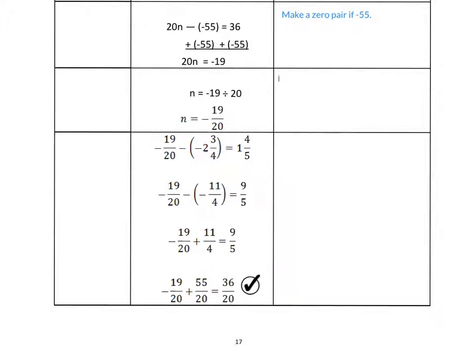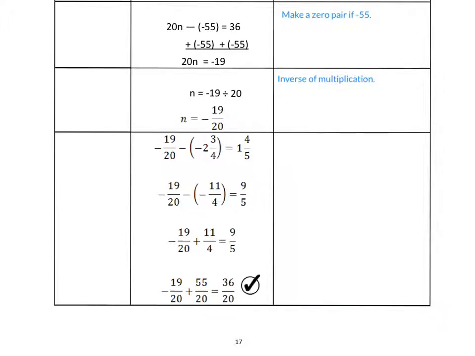Now we have to do the inverse of multiplication, because 20n means 20 times n, and the inverse of multiplication is division. So we divide negative 19 by 20. Now at this point, you have a choice to make. If you want to actually go through and divide negative 19 by 20 by hand, you go for it. That's negative 0.95. But most students don't want to go through that process.